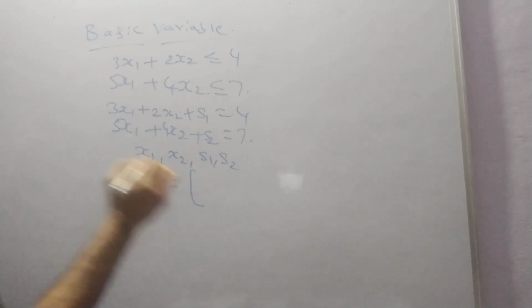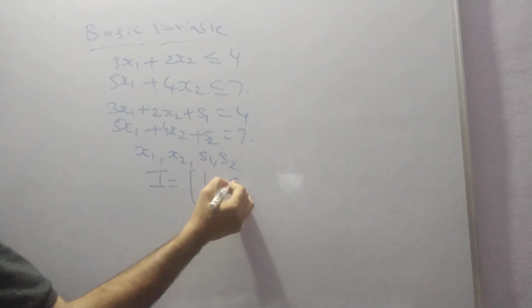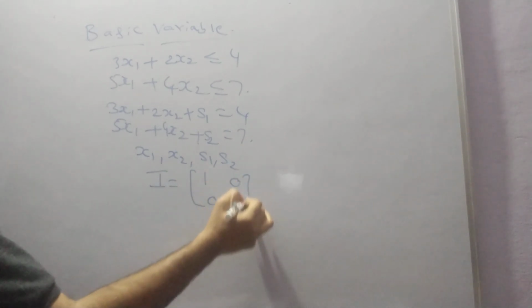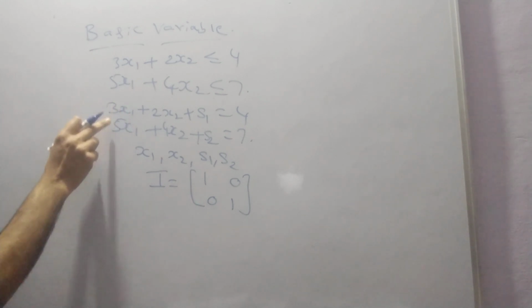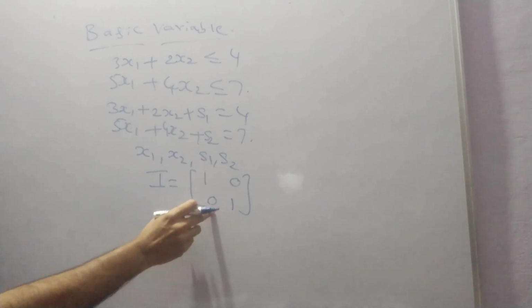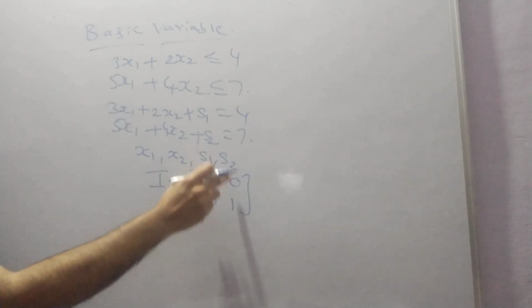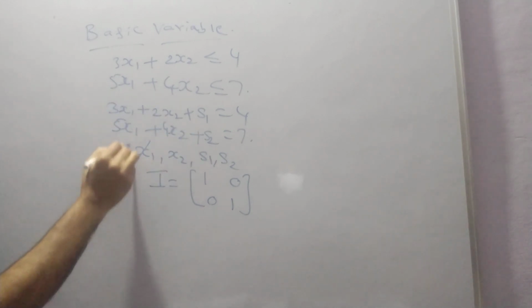You know what the I matrix is, right? Two equations means you take the 2 by 2 I matrix, that is 1 0 0 1. Now see the coefficients of x1: they are 3 and 5. Your 3 and 5 is not satisfying the first column or second column of the I matrix. Hence x1 is not a basic variable.